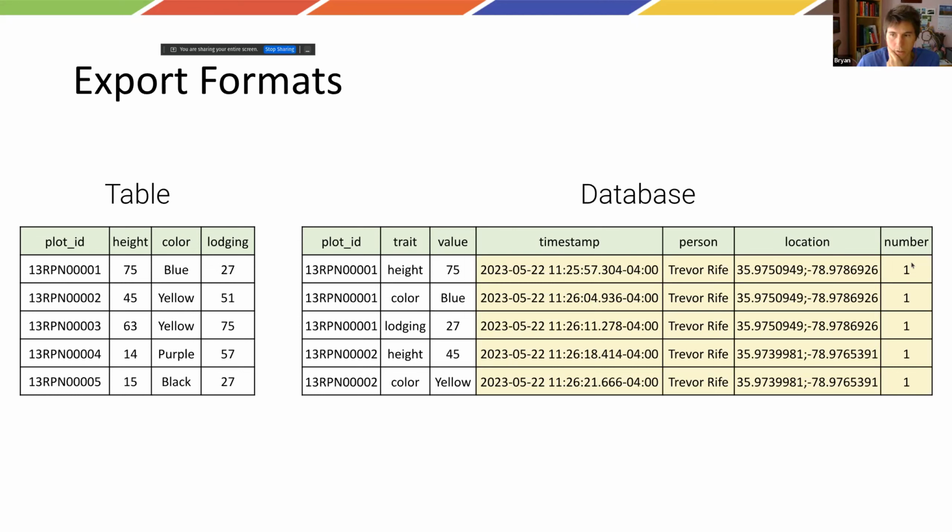If you have repeated measures turned on, it'll record, you know, if this is the first measurement of this trait and plot, second, third, etc. And generally, if you're working with a database, you want to use this database format because all of this information here is valuable and there's no extra cost to including it. If you're opening up your file to look at it briefly, it's a little easier to make sense of the table format sometimes. So worst case scenario, you can export both.